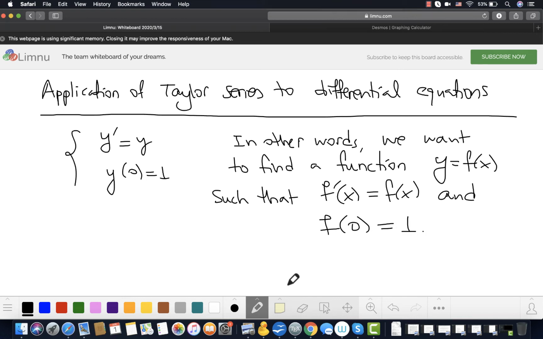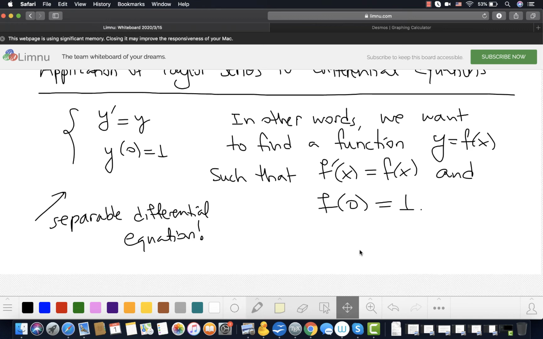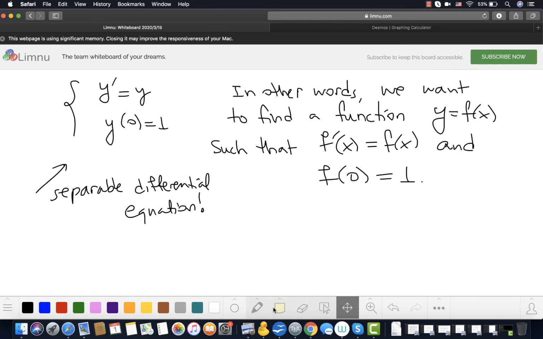But we actually know how to solve this differential equation because it is separable, which we already know how to solve. We have covered this earlier in the course. So in fact, we know what the solution is. You can probably guess: what's the function whose derivative is itself, and whose value at 0 is 1?